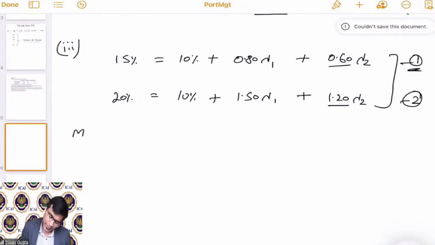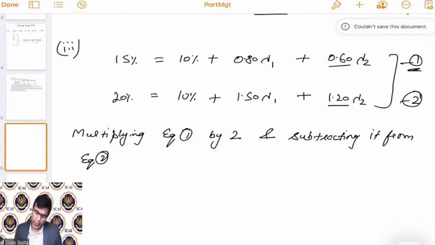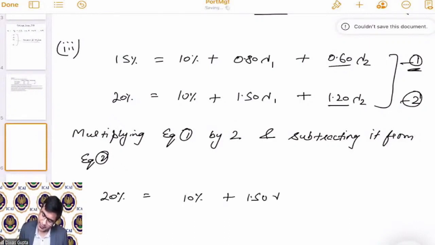So what I'm doing is multiplying equation 1 by 2 and subtracting it from equation 2. Okay. So 20% is equal to 10%. I'm first writing the equation 2 as is.